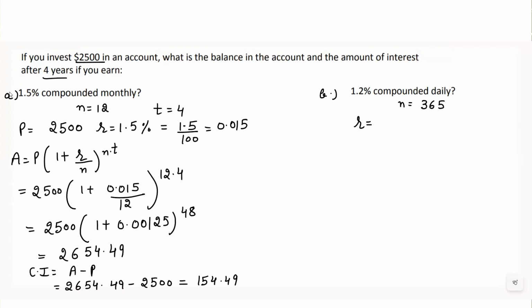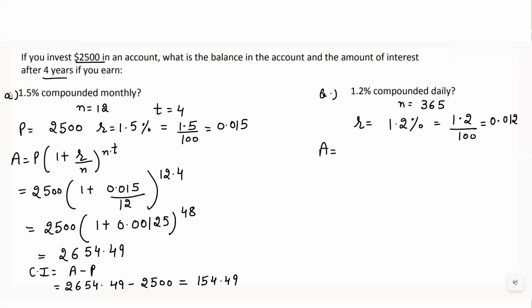Similarly, for part B, we just have to apply the formula. The R value is different, so R is equal to 1.2%. If I change it into decimals, it would be 1.2 over 100, which is equal to 0.012. So we will use the formula here.